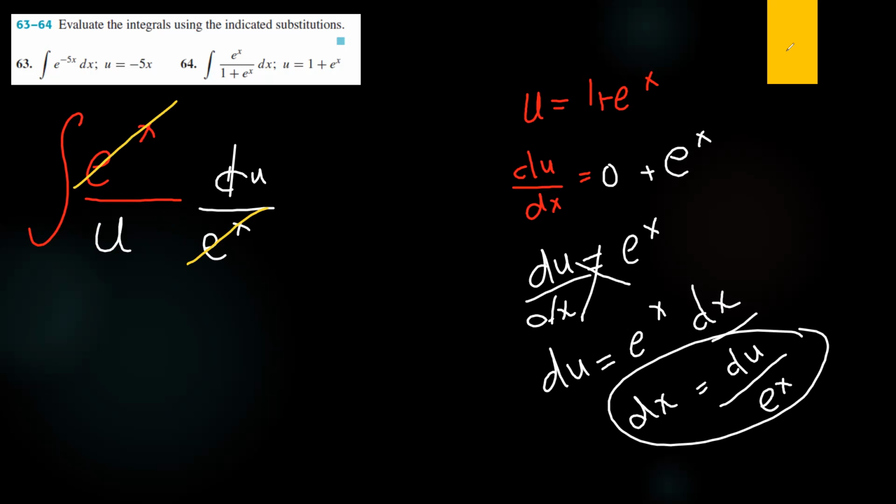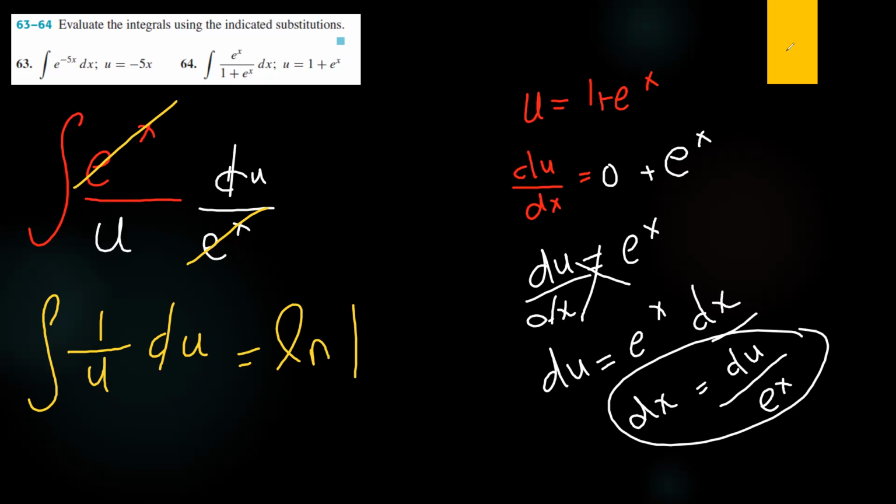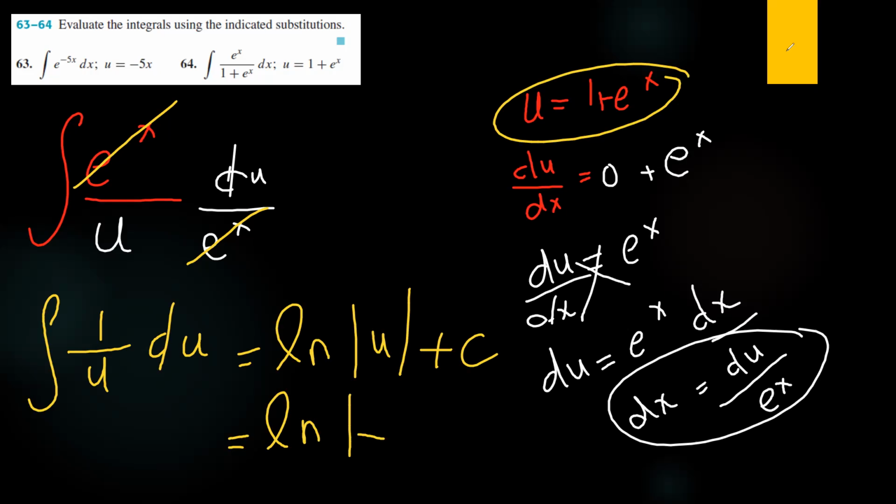So we have the integration of 1 over u du. What's the integration of 1 over u du? Ln absolute value of u plus c. Bravo, good job. So it is ln, and then replace u with 1 plus e to the power x, plus c.